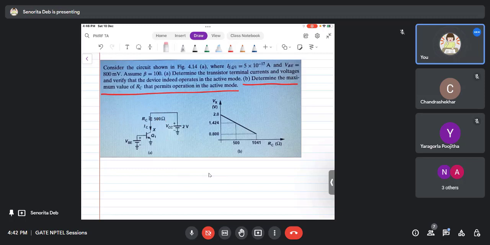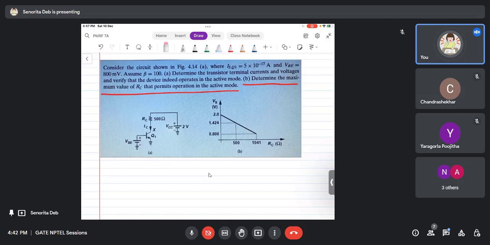So first part: determine the transistor terminal currents and voltages. Can you guys do that? It's easy, right? VBE we are able to see, it's given as 0.8 volts. Tell me the value of these things.